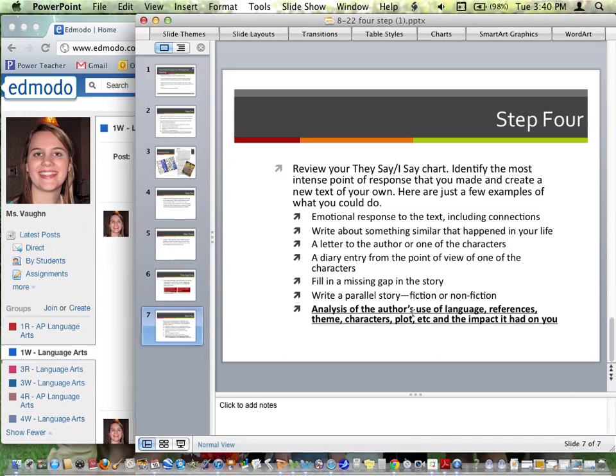So look over your They Say, I Say chart, and what is it you can defend or argue or tell a story about, anything that will help you interact with the text in a bigger way than just a short annotation. Here are some examples of what you could do, but you're by no means limited to these things.